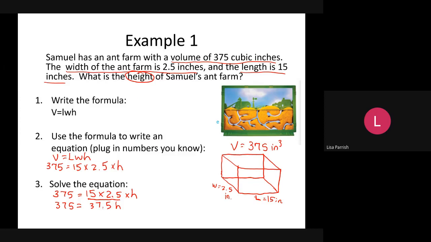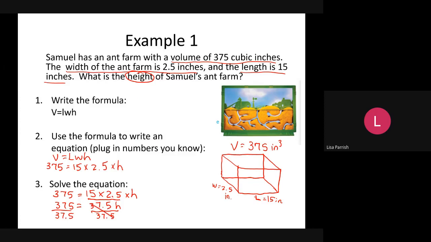Remember, this is a multiplication equation. We solve it by doing the inverse or the opposite, and the opposite of multiplication is division. Remember, we always divide by the number that is attached to the variable because we are trying to get the variable by itself. So I'm going to divide both sides by 37 and 5/10.